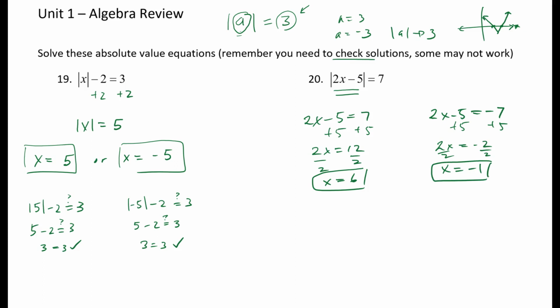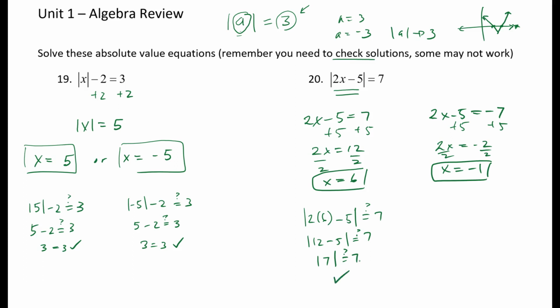And then we need to plug these back in to make sure they work. So the first one is 2 times 6 minus 5, that whole thing absolute valued. Does that equal 7? 2 times 6 is 12. Remember, with absolute values, you treat it like a parenthesis. So you have to do everything inside the absolute value before you apply the absolute value itself. So 12 minus 5, absolute value equals 7. 12 minus 5 is 7. So the absolute value of 7 does equal 7.